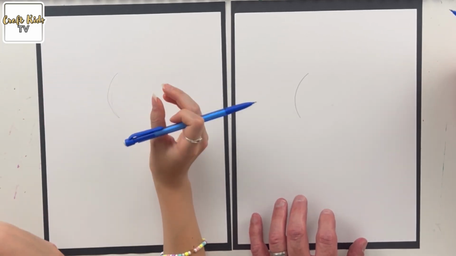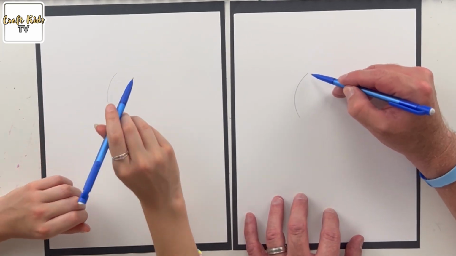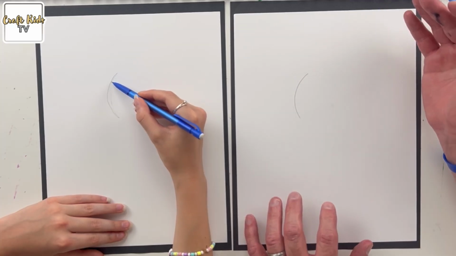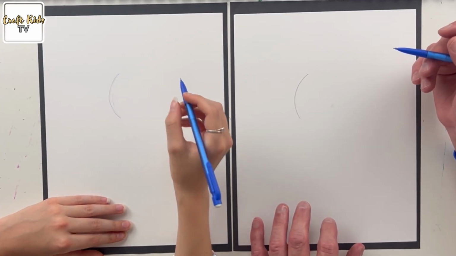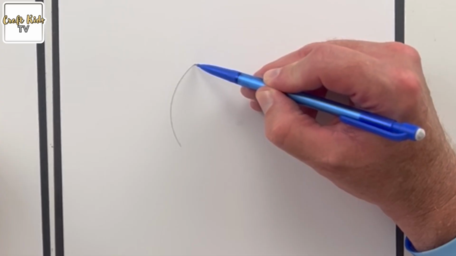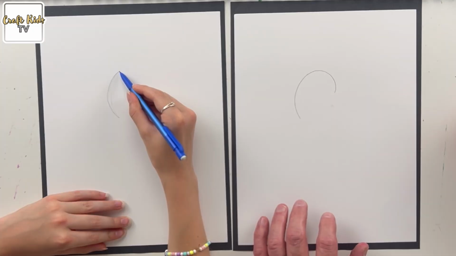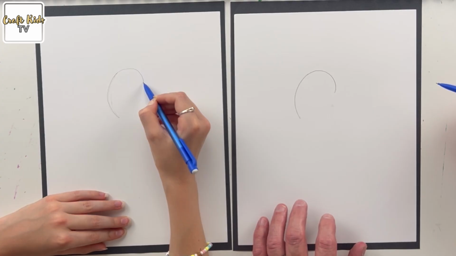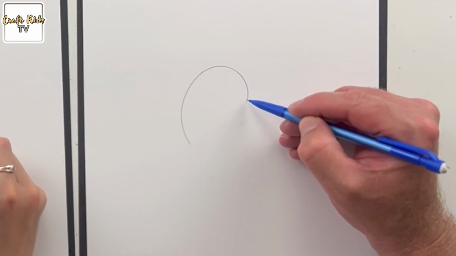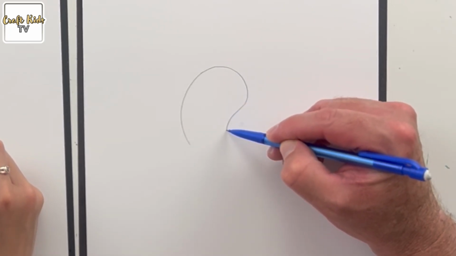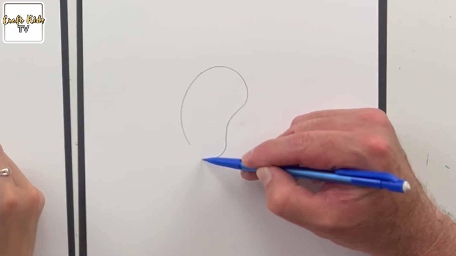Okay, and then if you don't feel like something's quite right, just work it with your pencil and then erase later. You can totally erase later, it's not a big deal. All right, then the back of it's going to curve down like this. Now you can see that bean shape taking place. And then it's going to curve in and then down like this.